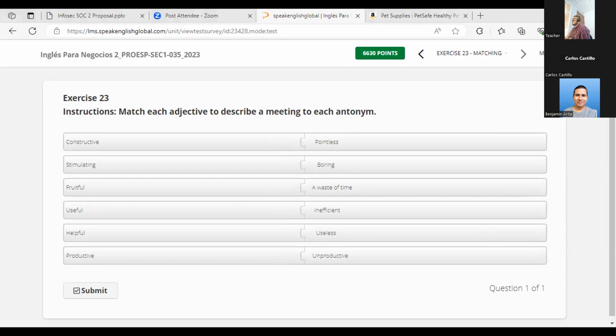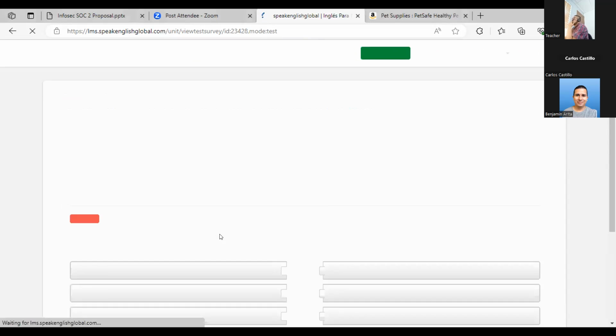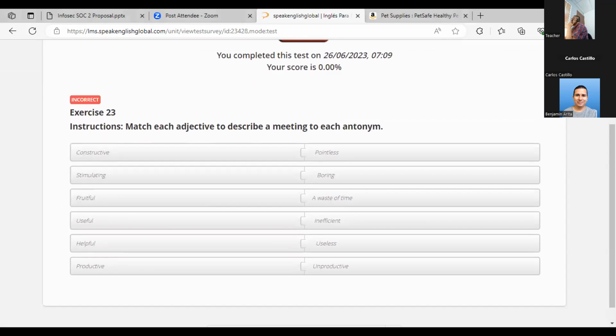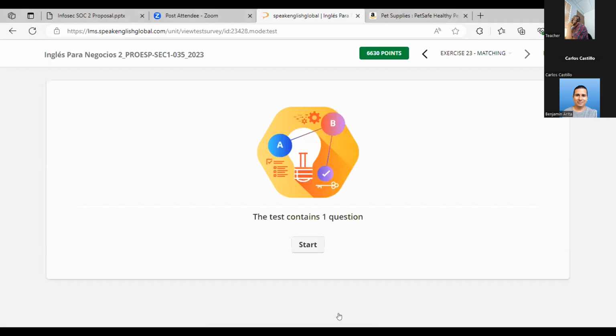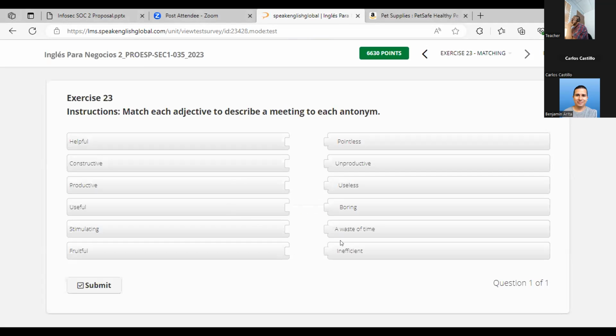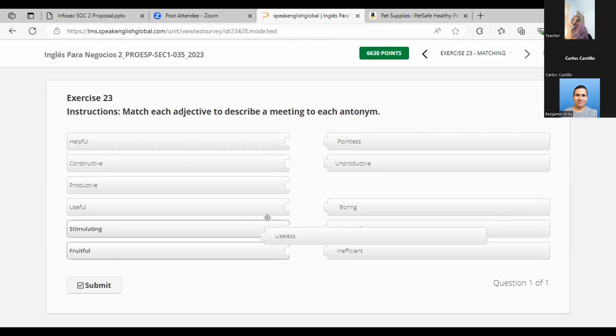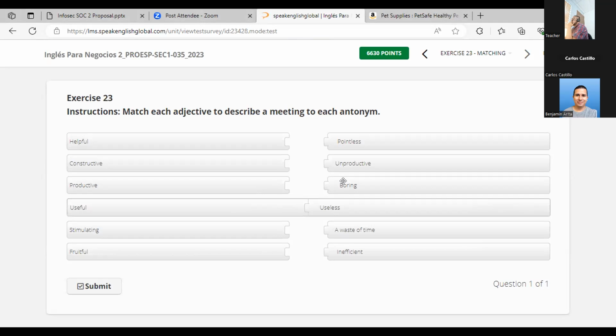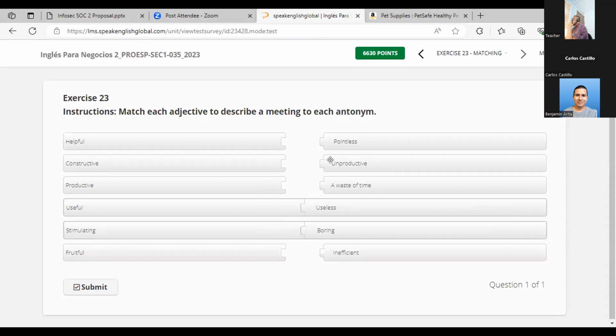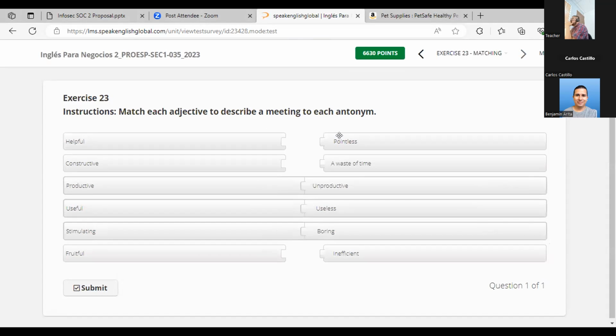For some reason, it's not accepting it. I have tried several combinations, and it doesn't let me go through. Business English 2.